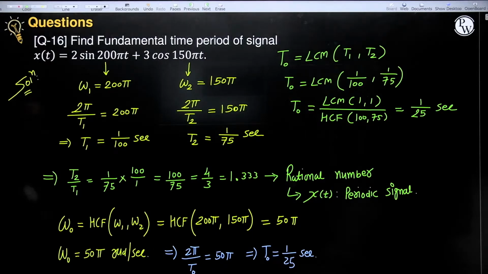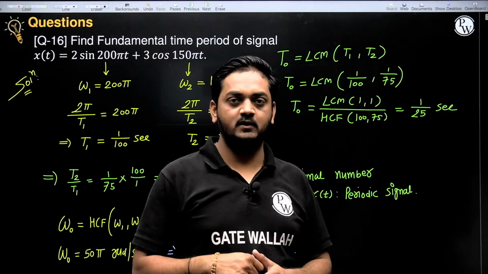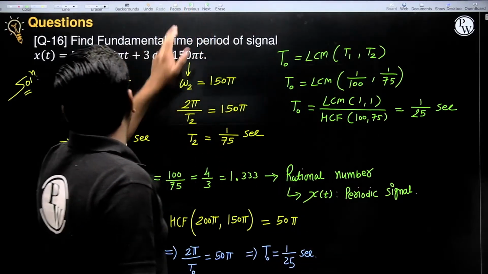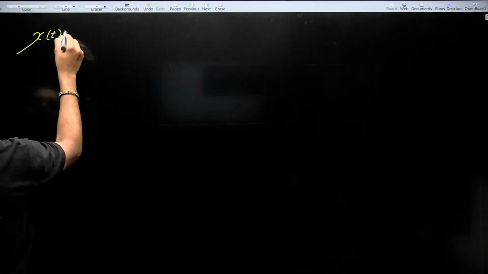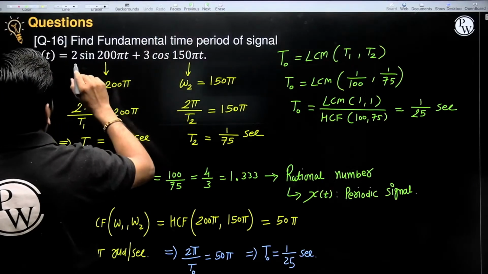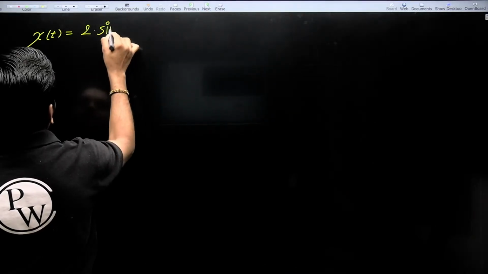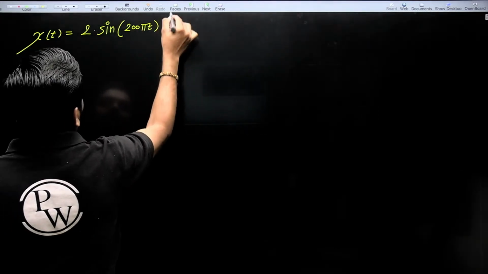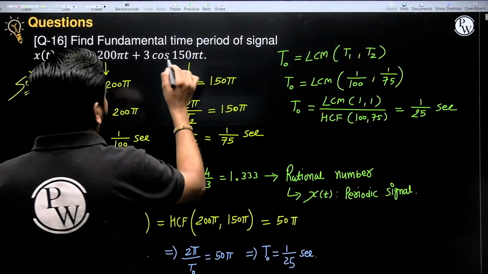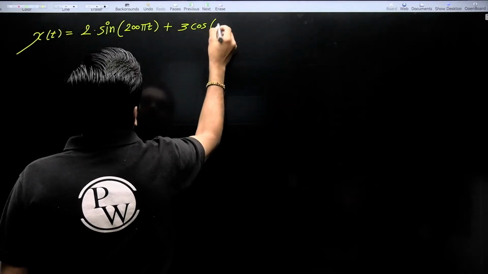Now again we want to check whether we got the right answer or the wrong answer. There is a method I already told you. First of all, x of t is equal to 2 sin 200 pi t plus t cos 150 pi t.